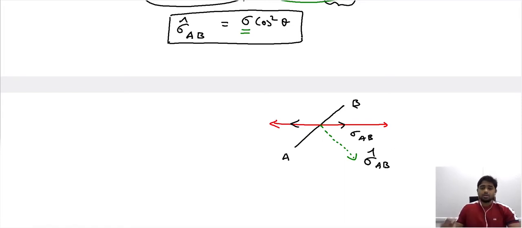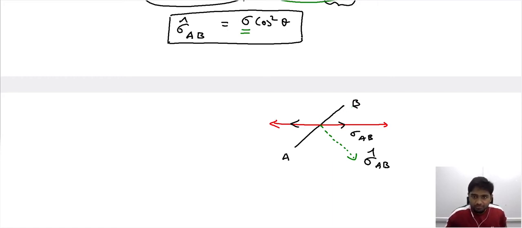Now, in addition to ascertaining the stress perpendicular to the region of interest, it is also possible for us to estimate the stress along the region of interest. So there are two directions that are possible.